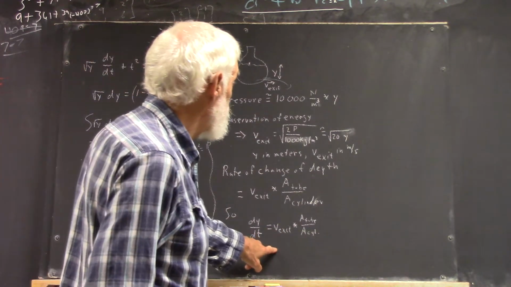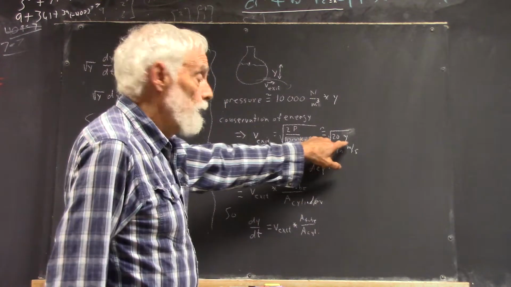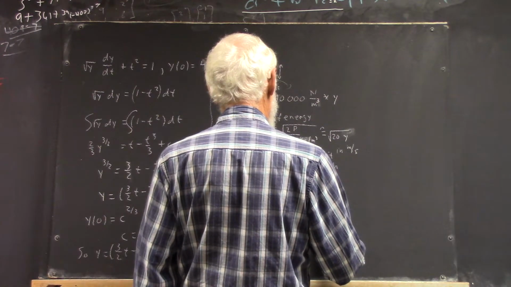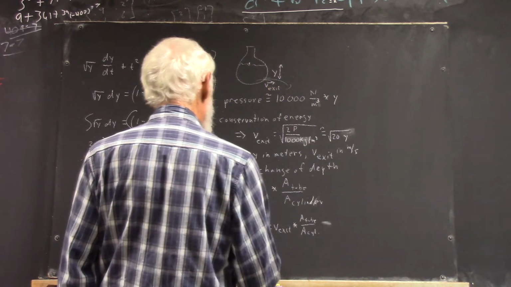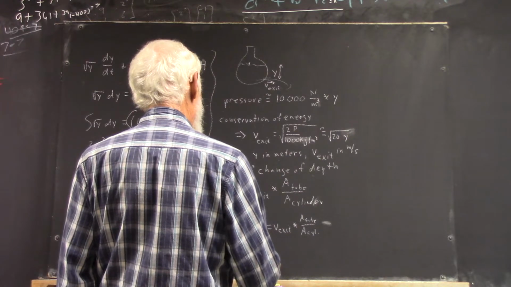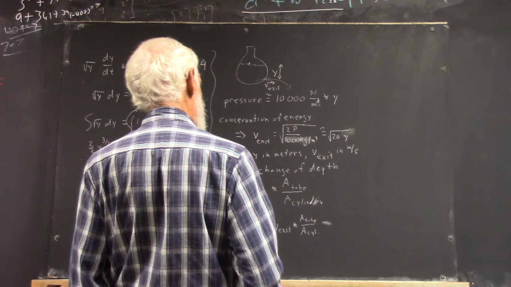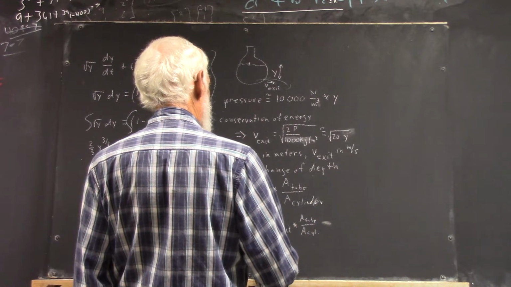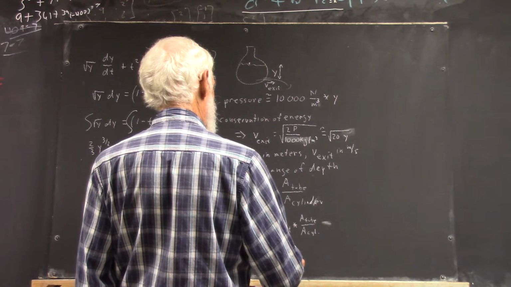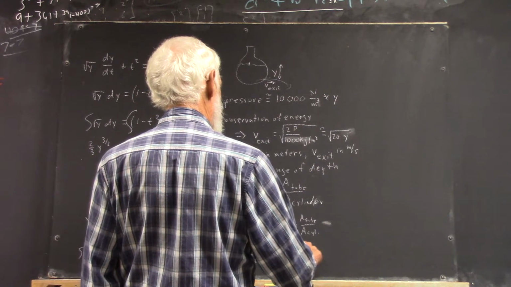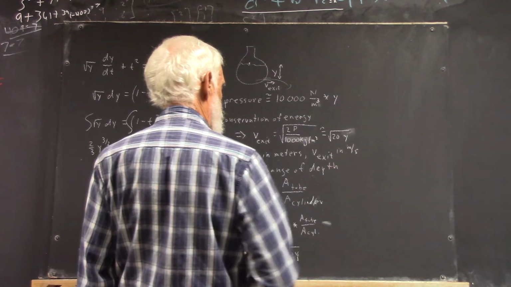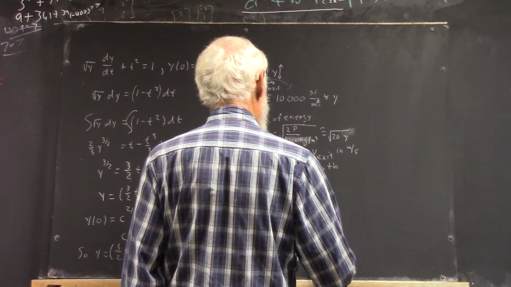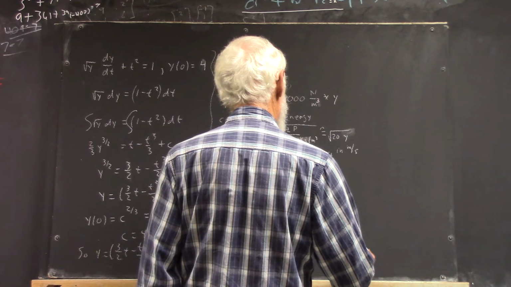Of course, V exit is the square root of 20y. So dy/dt equals, I'll use capital R, times the square root of 20y. And R is your area ratio.